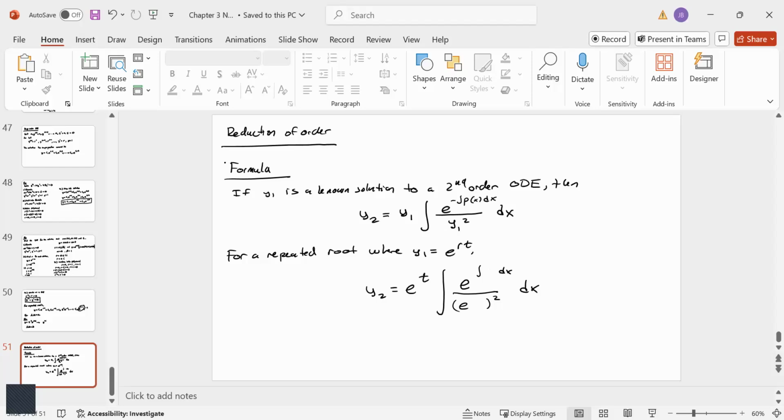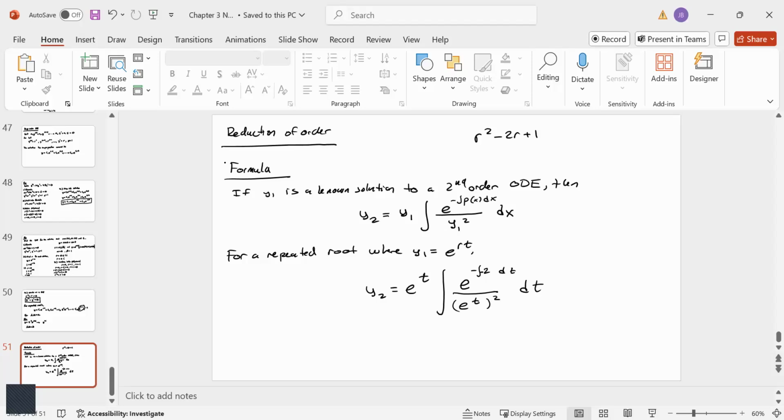The polynomial for this would have been r squared plus 2r plus 1. So then negative 2t, or -2, because I'm using t here, sorry. I'm just making sure this makes sense. Yep, because then they both add up to 1. e to the -2t over e to the t squared dt, there we go.